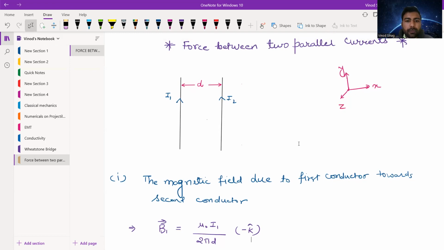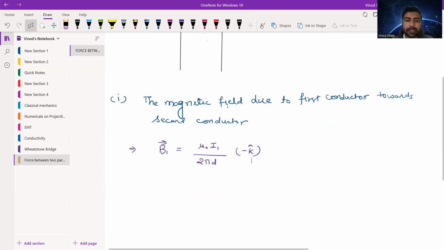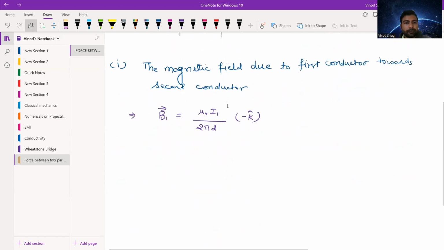Now we want to find out the force due to the first conductor wire on the second conductor wire. So that will be F12.